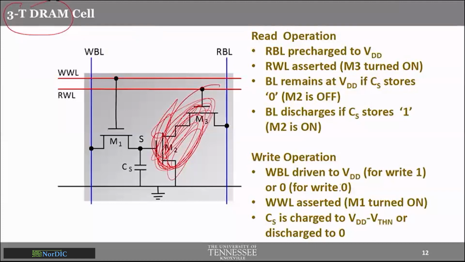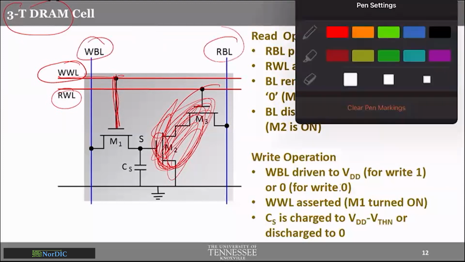So we use different paths for reading and writing. So this M1 is writing, and there are two word lines now. WWL means write word line. RWL means read word line. Okay, so for writing, you use this transistor, and you write exactly. By the way, there will be two bit lines as well: write bit line and read bit line, as you see.